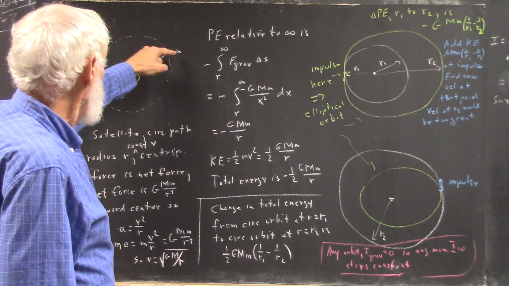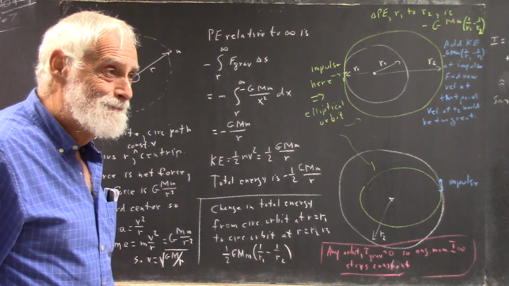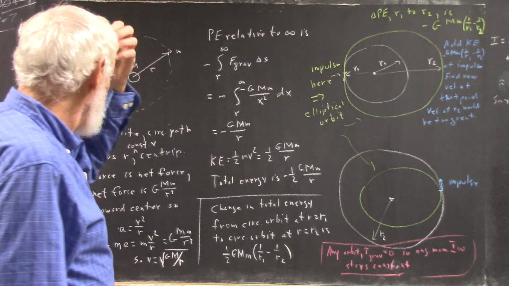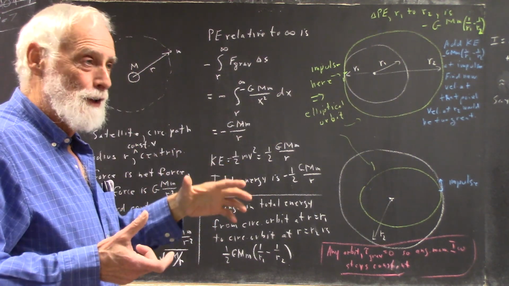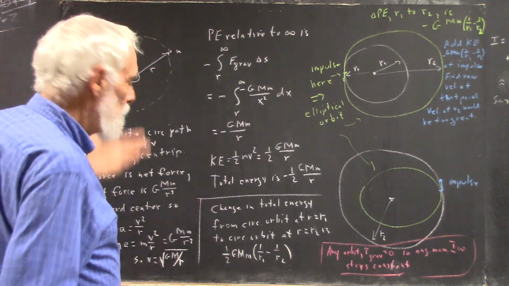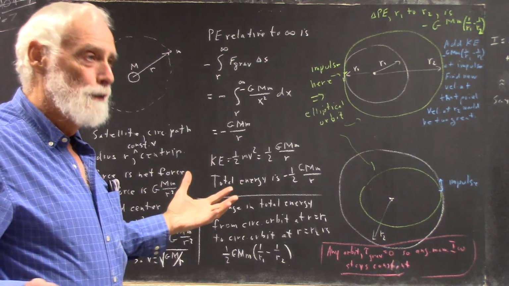You slow it down, it goes into a smaller ellipse, hopefully not so small it hits the planet. Although if you're trying to get back home, you do want to get close enough that the air slows you down without burning you up, so that you can dissipate all that kinetic energy and see green fields again.